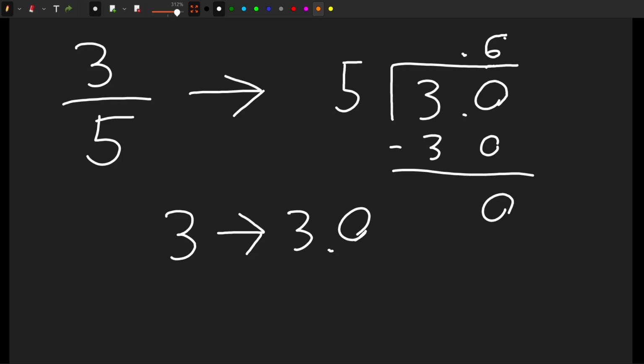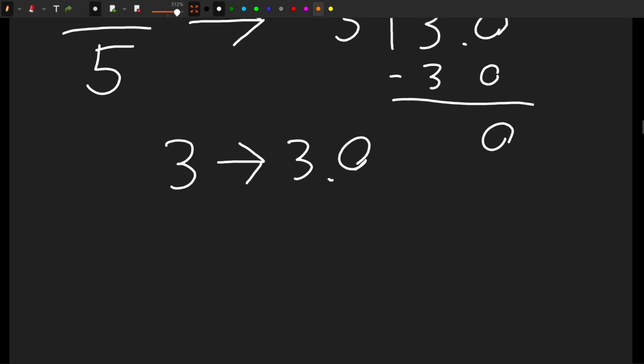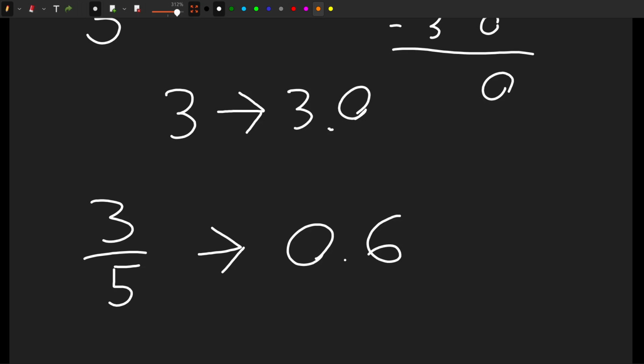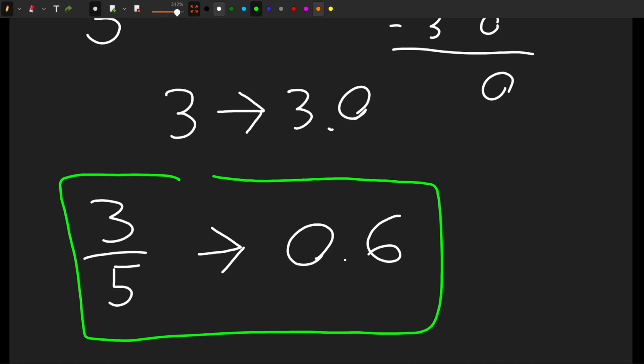And then our answer appears, 0.6. And so 3/5 can be written as 0.6. And that's how you convert fractions to decimals. You simply divide it out.